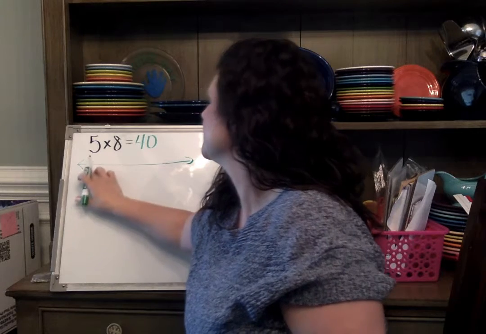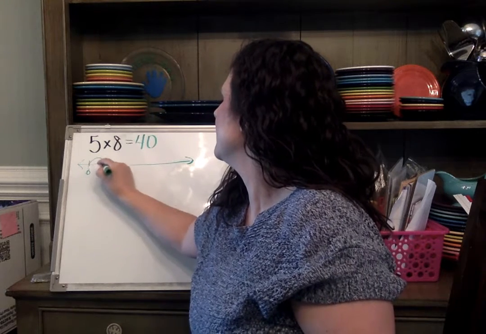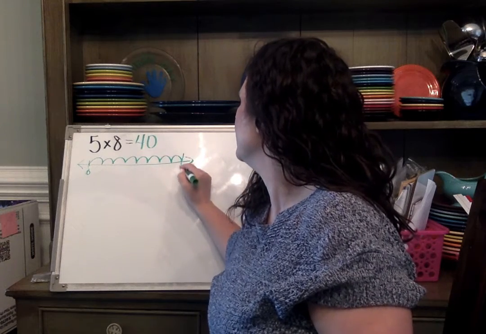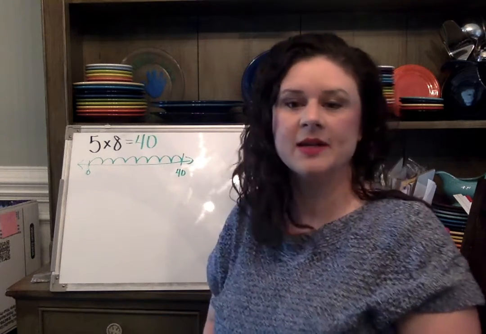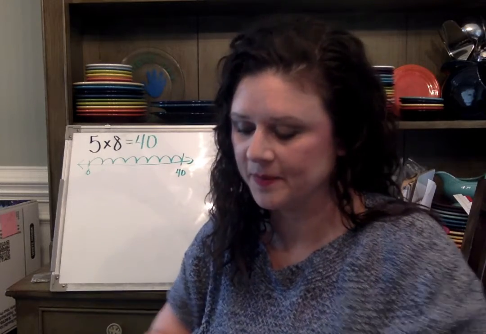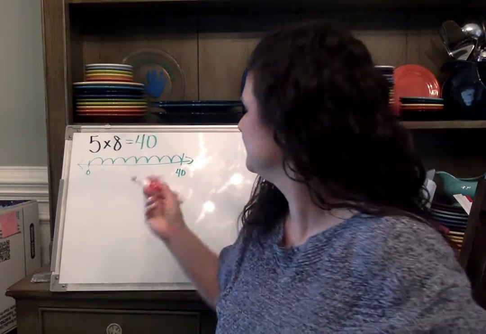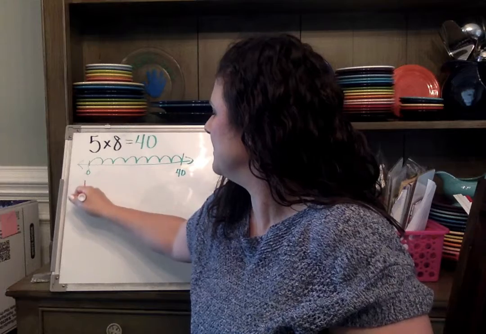Start with 0. 5, 10, 15, 20, 25, 30, 35, 40. Okay, skip counting is not our most efficient strategy at this point in 3rd grade. Did anybody go back to this strategy that you could have done mentally?